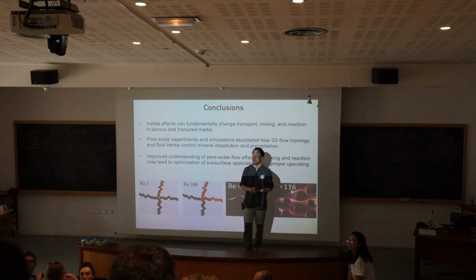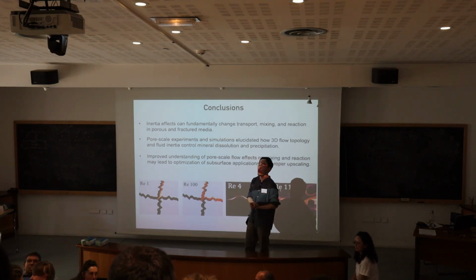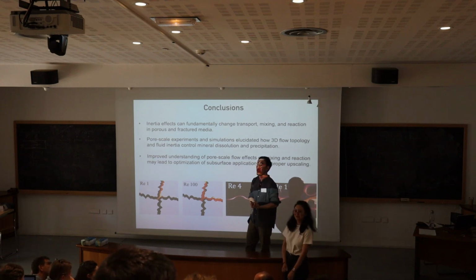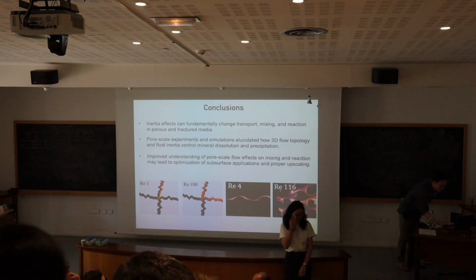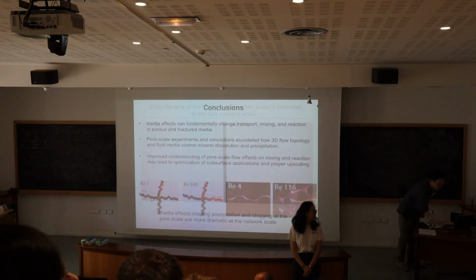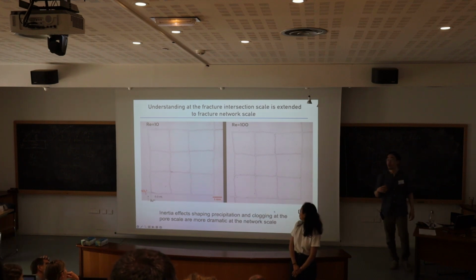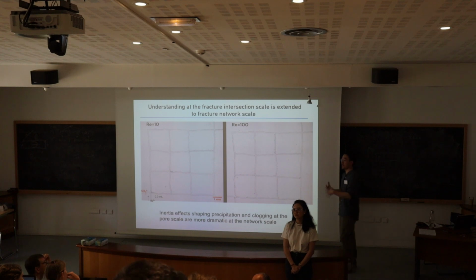You study fluid reaction enhancement with inertia. Do you think with fluid-solid reaction you could also get this kind of enhancement? This is what I showed. This is fluid-solid reaction, no? But you inject two fluids, and they react and precipitate. Your question is more that one fluid reacts with the matrix and gives another component, so not mixing-induced.